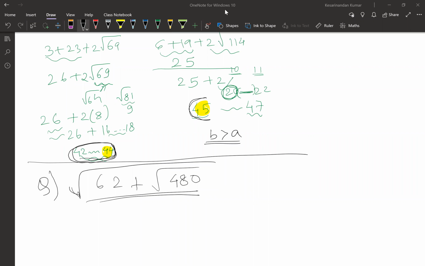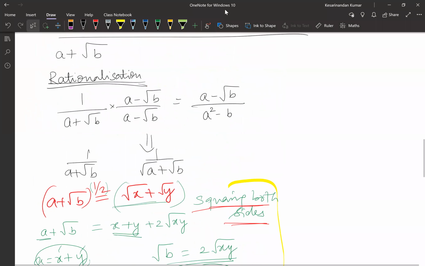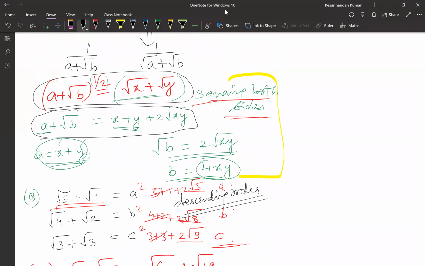Kesri, we need to find the exact value. You need to provide me the answer in the form of root x plus root y, if you can do that part. I do not want it in decimals, because like we had seen here, right? How do we calculate the square root? In this method. Yes.